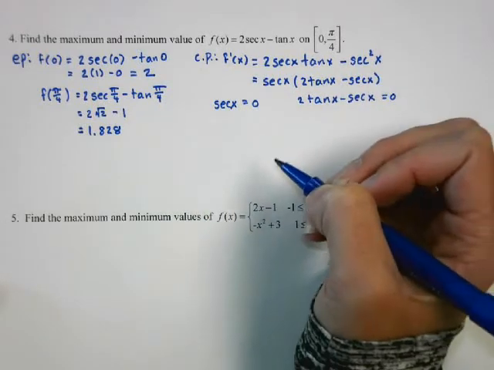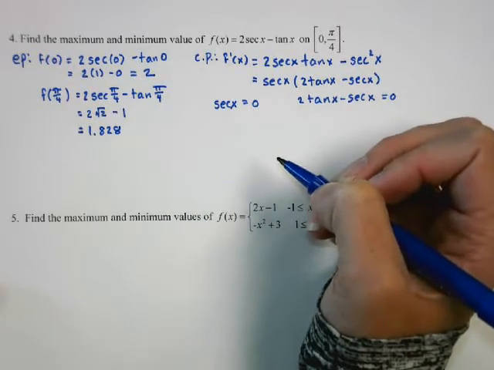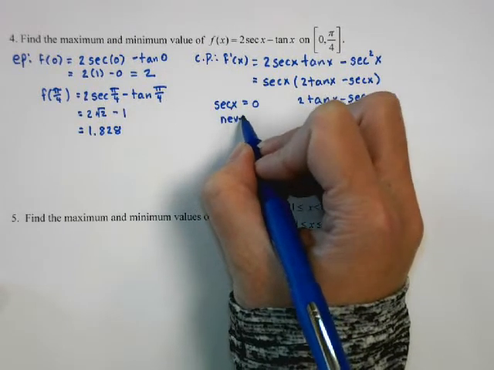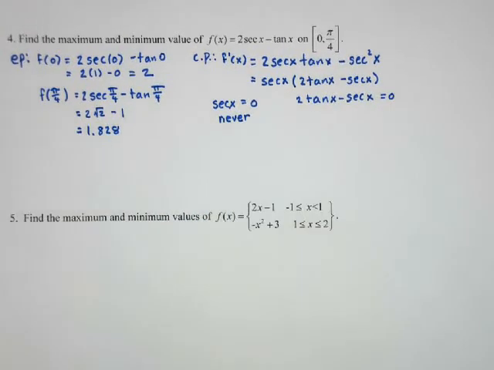Here, secant of x is never equal to 0, and you can graph it to see that. Since cosine is always between negative 1 and 1, the reciprocal is either bigger than 1 or less than negative 1.